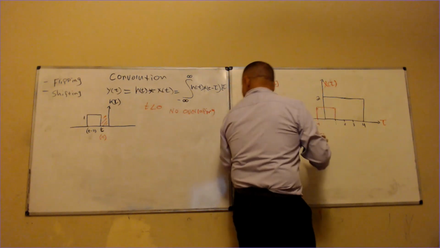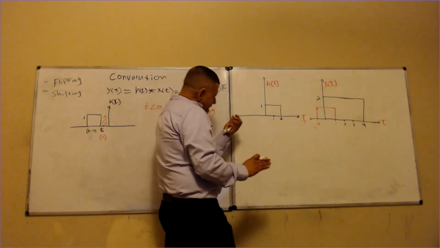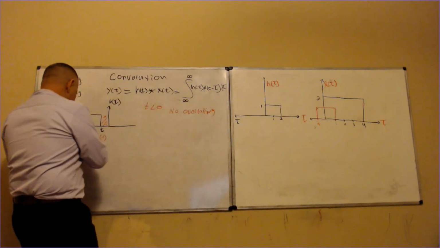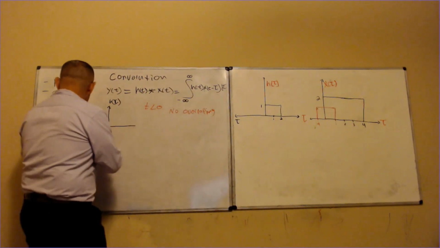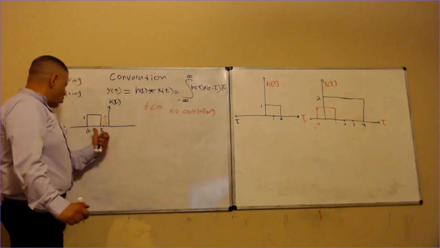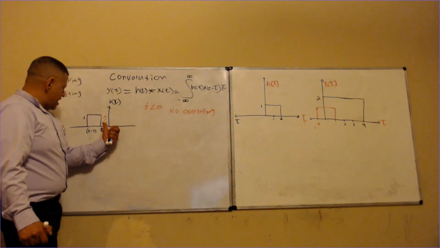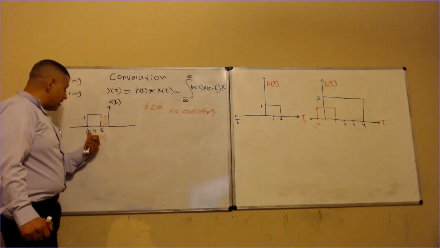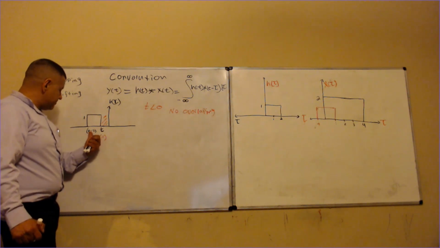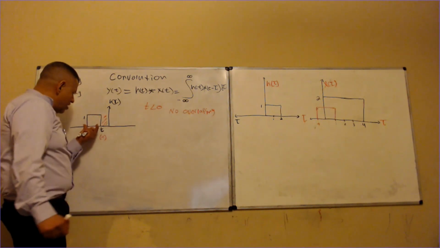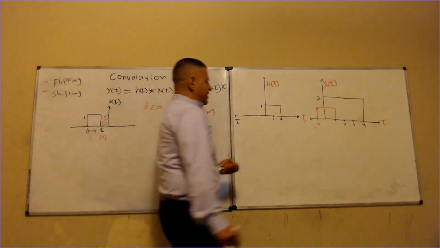Okay, so now I am moving forward. So the first step, we multiply by -2, we got it, and then we add t, which means shifting. Now, we are moving that forward until we get some area of overlapping.